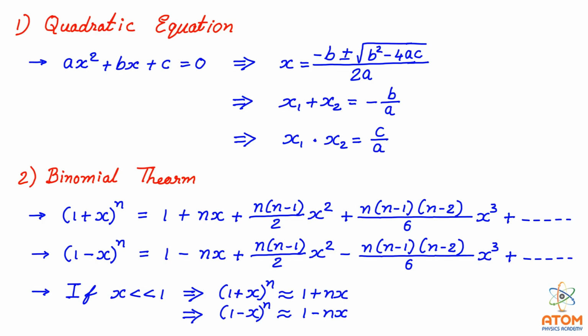I repeat, if x is very less than 1, then the first two terms can be considered and the rest ignored. And so in such a situation (1 plus x) raised to n will be nearly equal to 1 plus nx. The same way (1 minus x) raised to n will be nearly equal to 1 minus nx only.